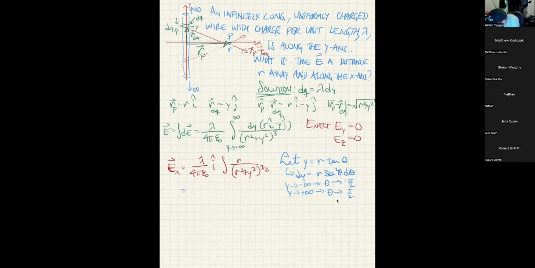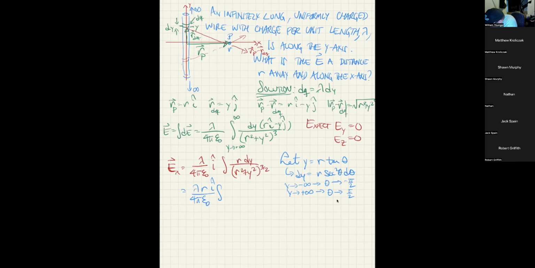So now I'm going to have lambda times r times i hat over 4 pi epsilon naught times the integral. Oh, I also left off my dy up here. Put it back now. Okay, so lambda times r times i hat over 4 pi epsilon naught.